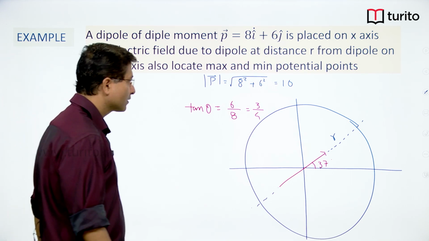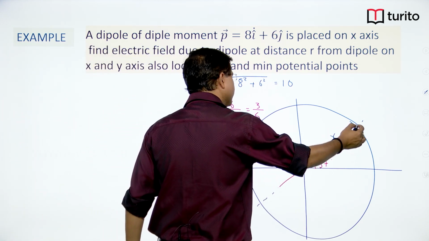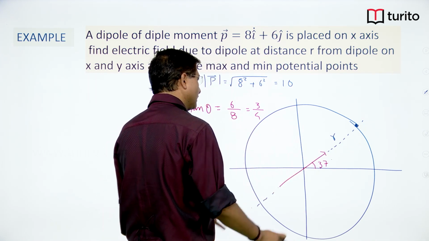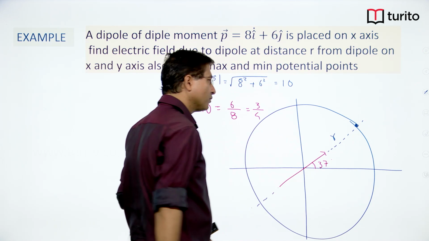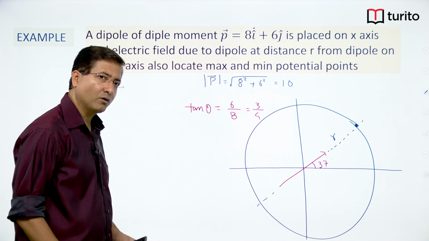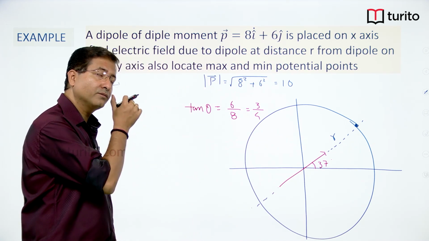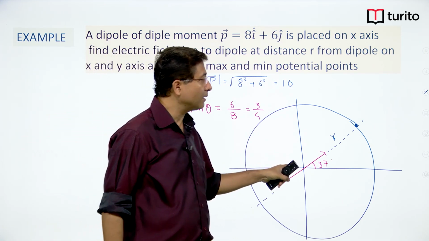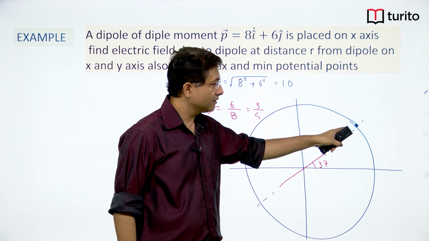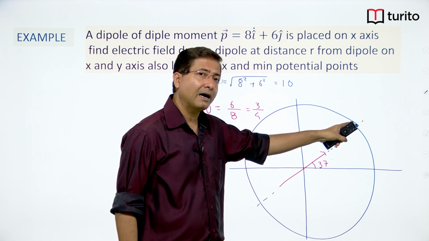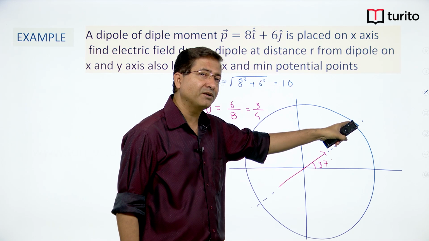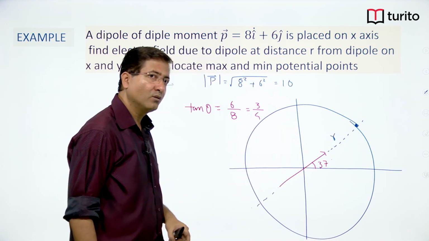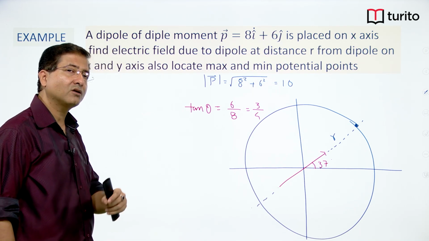Now this particular point is on the axis of the dipole, and our formula was with respect to the center of the dipole. If I draw a line joining the point where I am interested in calculating potential and field, what angle does that line make with the direction of the dipole moment?